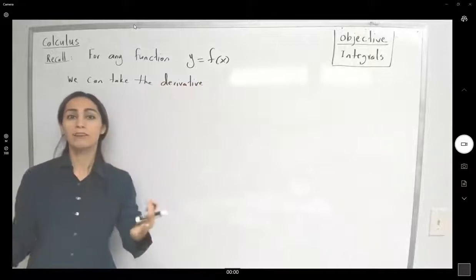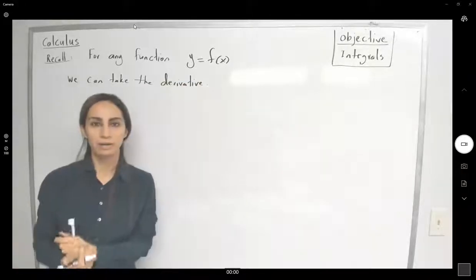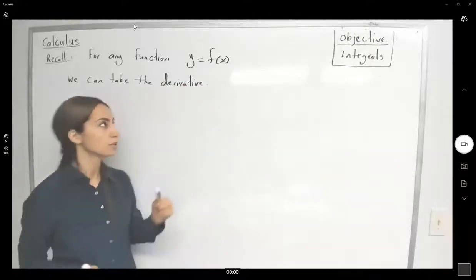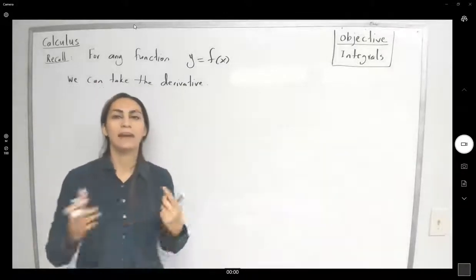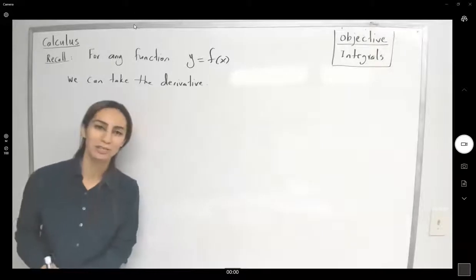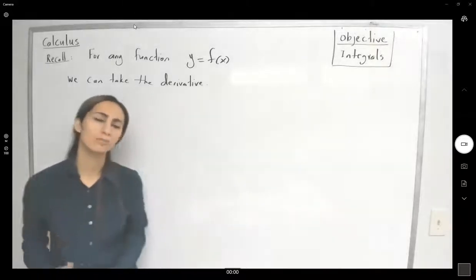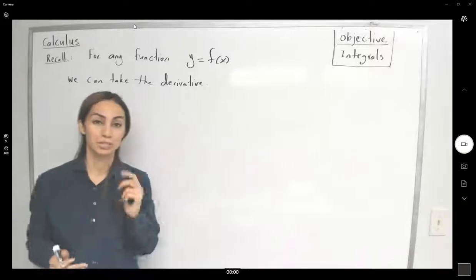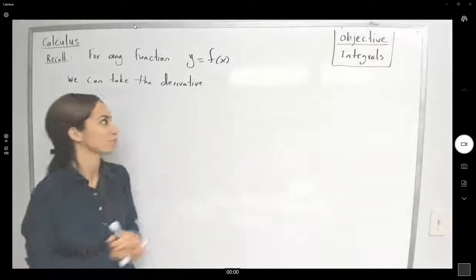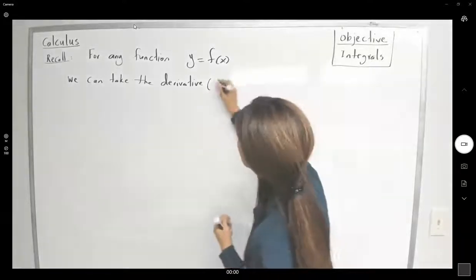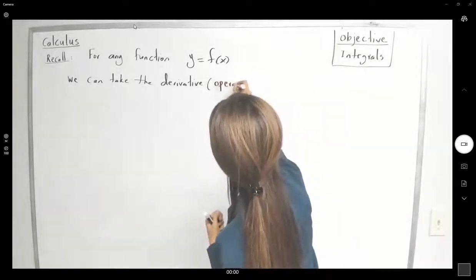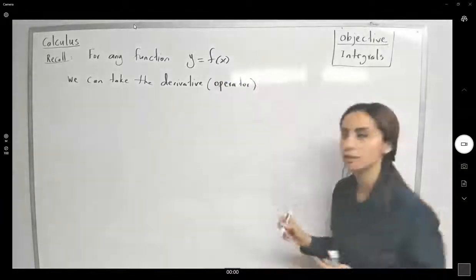Well, derivative is an operator. In linear algebra, you're going to see what an operator is and how to apply an operator to different objects, because later on we're going to work with matrices. Now, how did we define this operator?